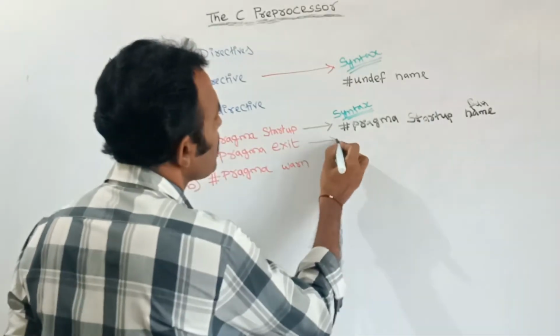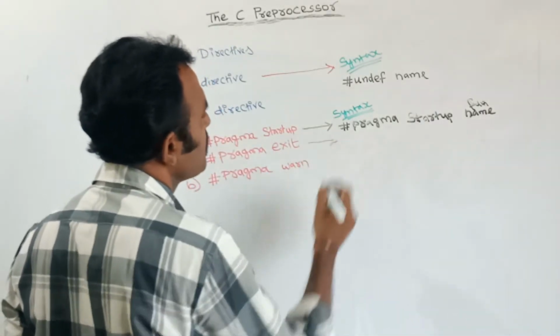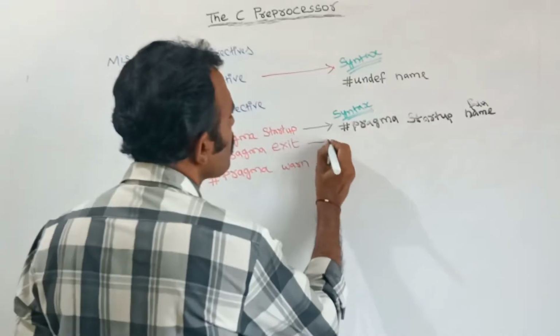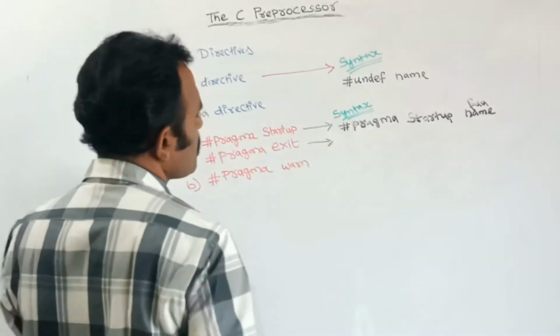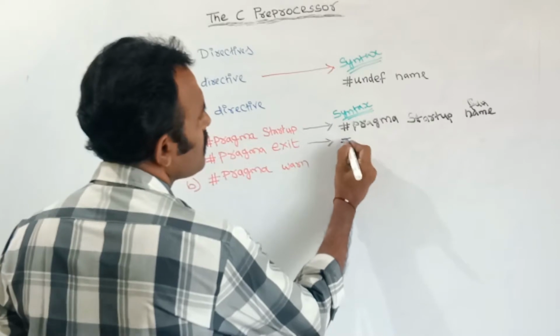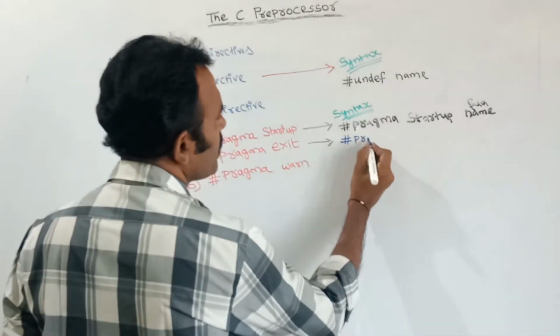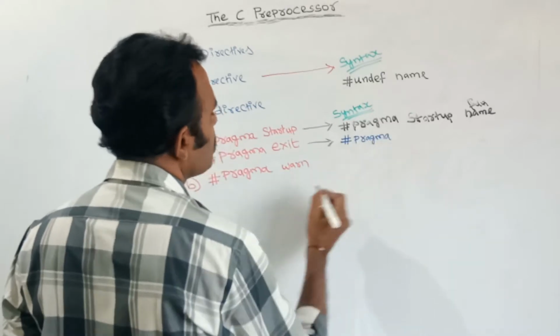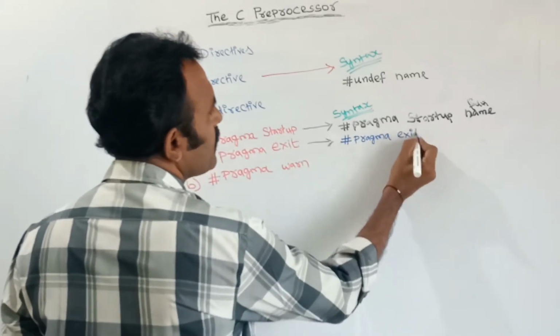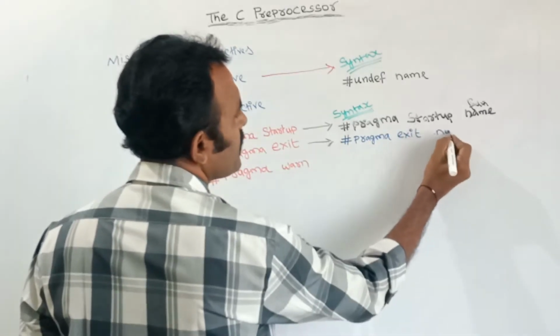Next one, pragma exit. The syntax for the pragma exit is: first the hash symbol, next pragma, after that exit, next the name, that is the function name.